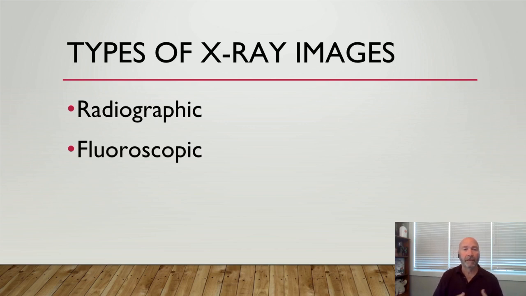So we have a couple of different types of X-ray images. Some are still radiographs, and some are moving radiographs. So when you do your shadowing in a hospital, you should see both of those things. A radiographic image is kind of like a freeze frame, kind of like what you would take on your phone.